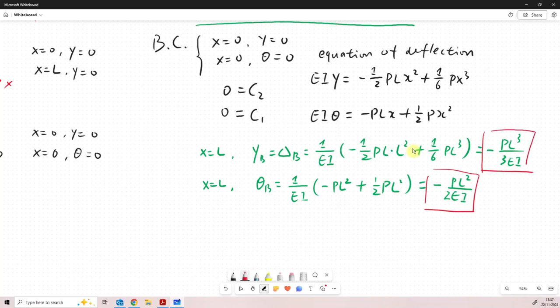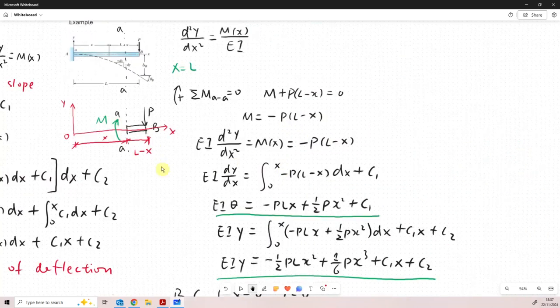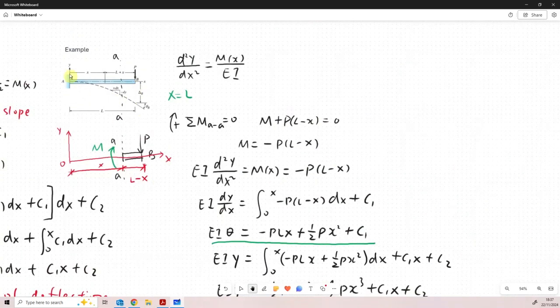We see there's a minus, the negative sign over here. That means your deflection is negative, and your rotation is negative. If we look back here, your deflection is negative because of this coordinate system: above the x-axis is positive, and this deflection is below the x-axis, so it's negative.